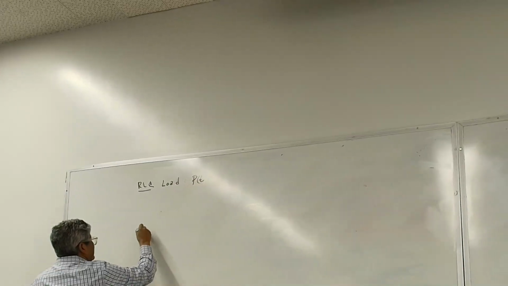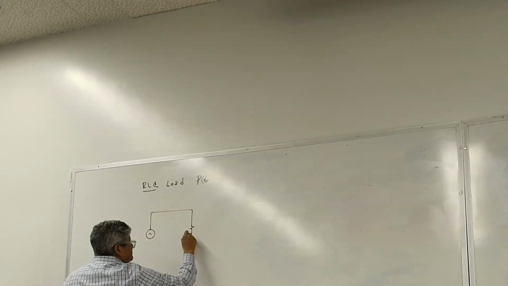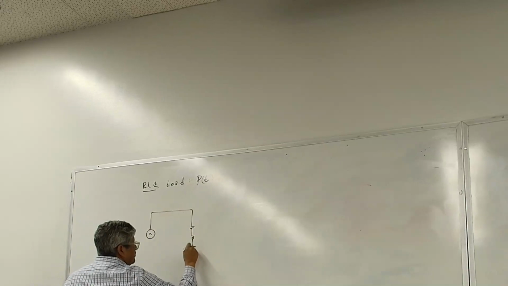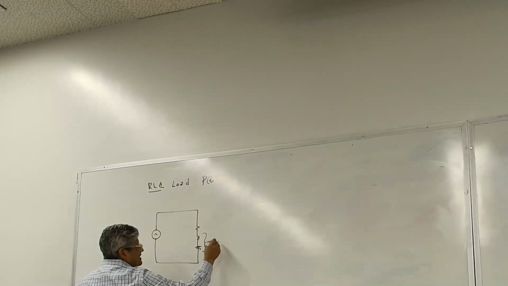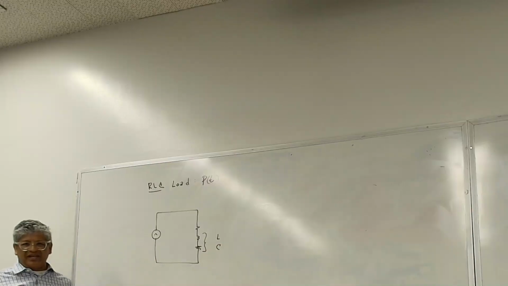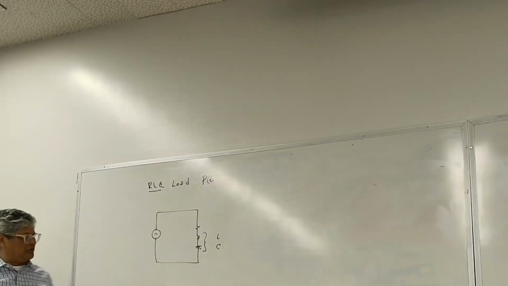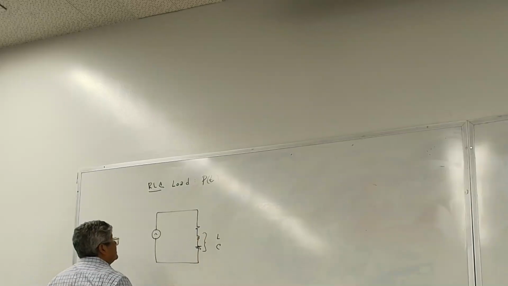And basically, once again, it can be a circuit that looks like this. I'm going to pull three elements, and this can be L or C. Remember, we talked about depending on the size of the capacitor, one can override the other, the capacitor being negative and the inductor being positive.